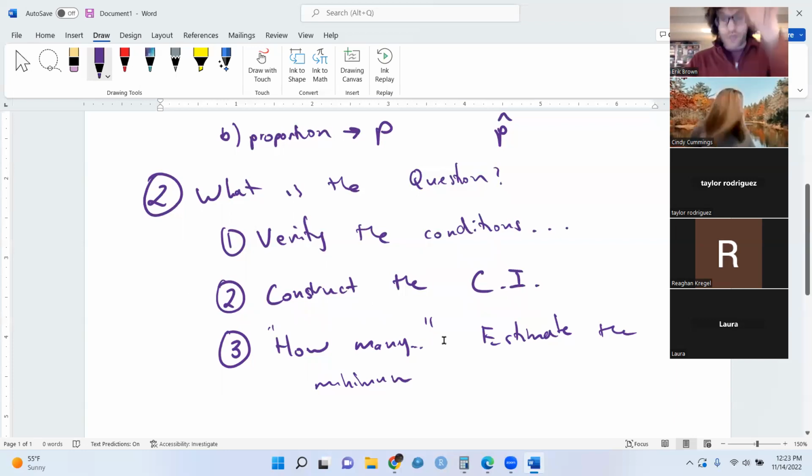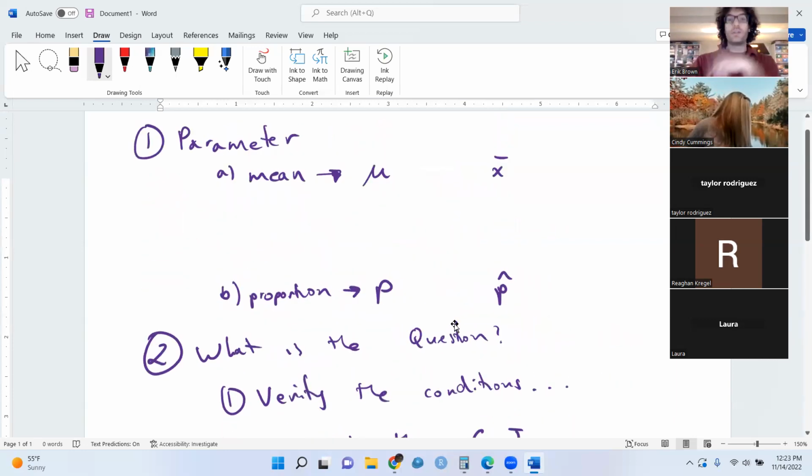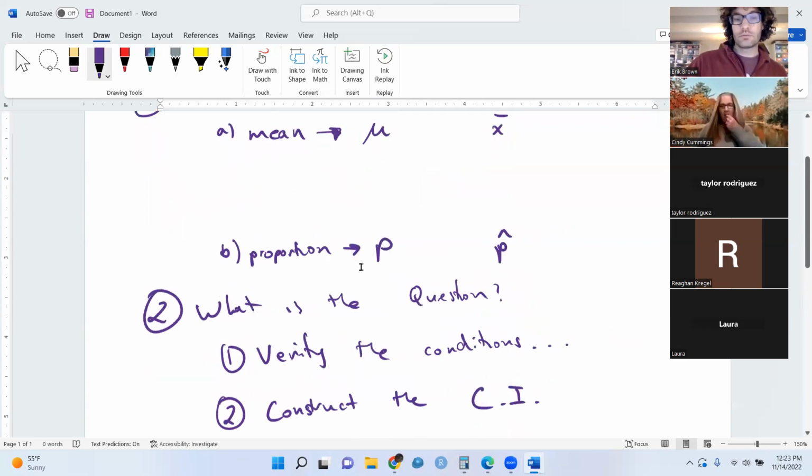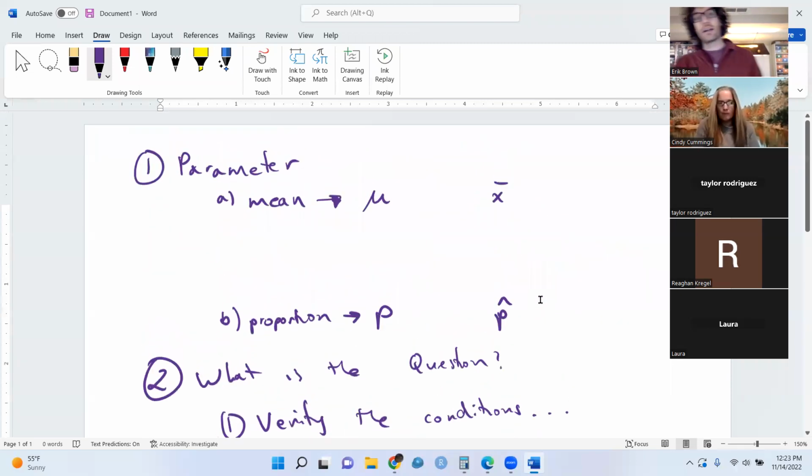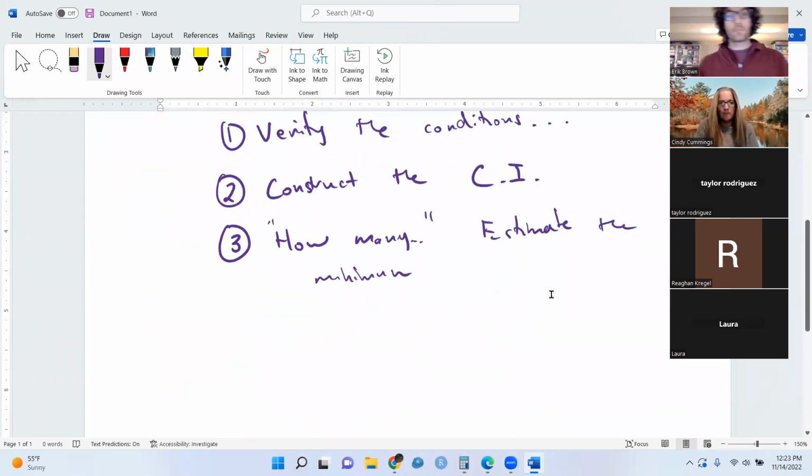Remember, which place you go for these questions is based on whether it's a mean or a proportion. So my thought is, figure out the parameter first, figure out what you're being asked, and then from there, find the related information. I would just say here, reference material.